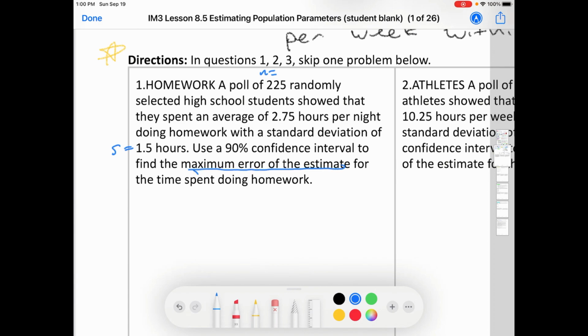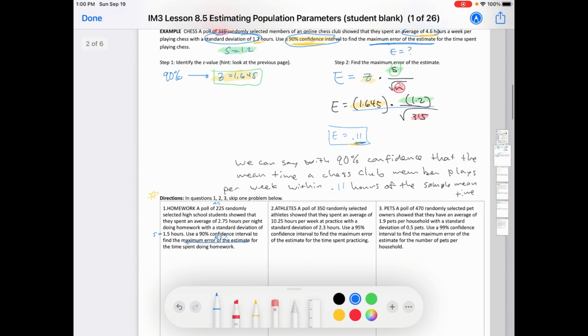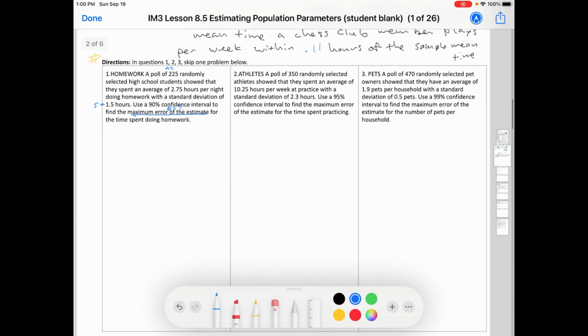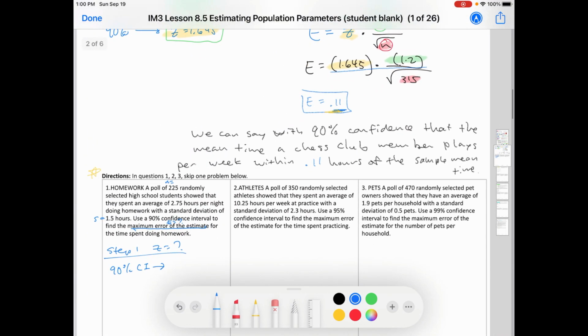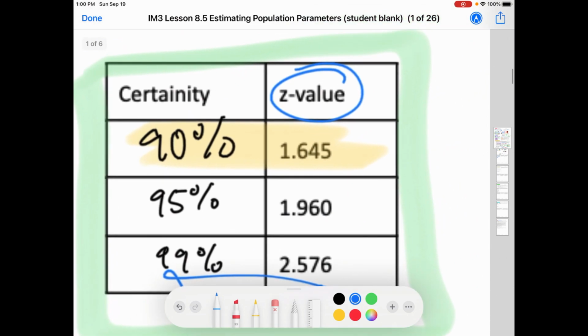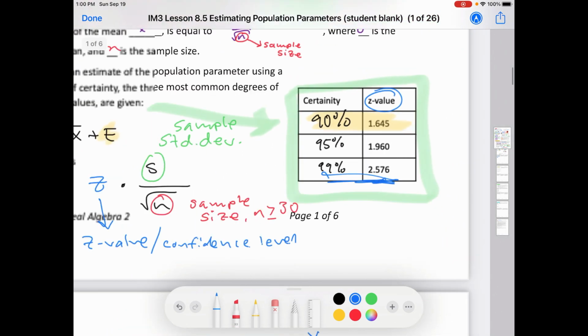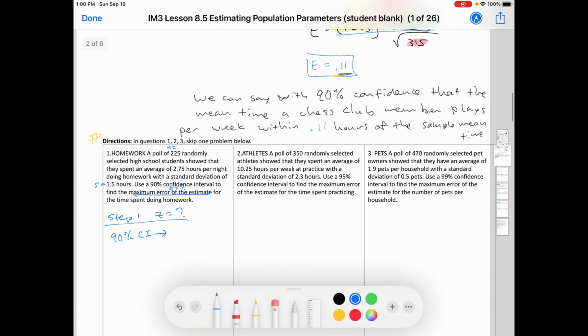Remember, the maximum error of the estimate is just E. We can do what we did above in those 2 steps. So the first step, step 1, is what's our z-score? Well, the 90% confidence interval is a z-score of 1.645.